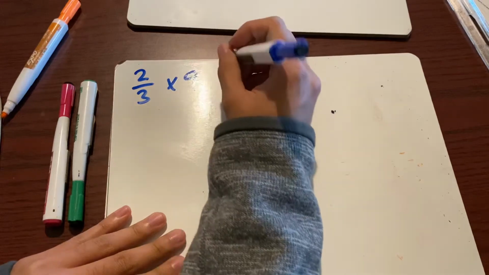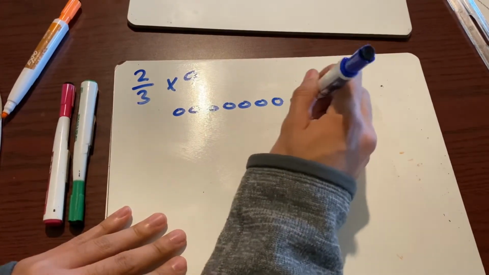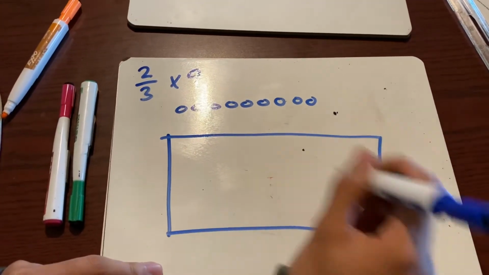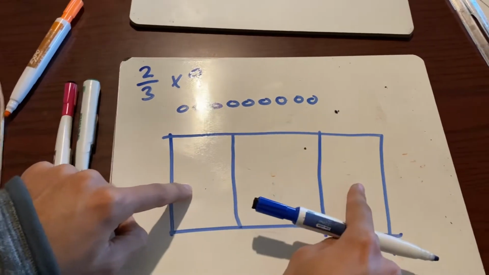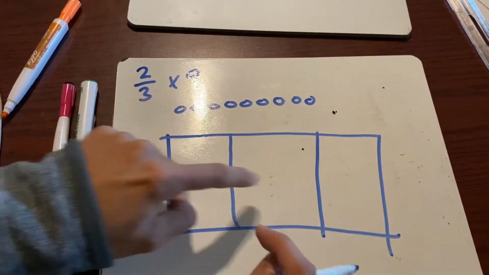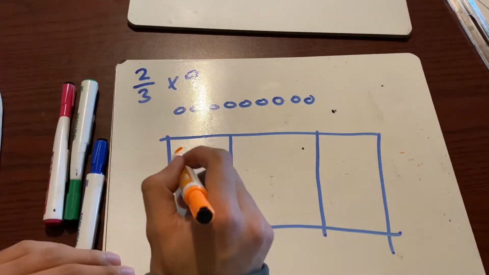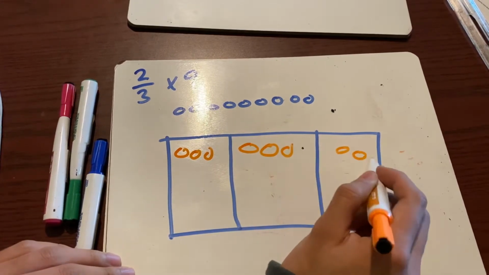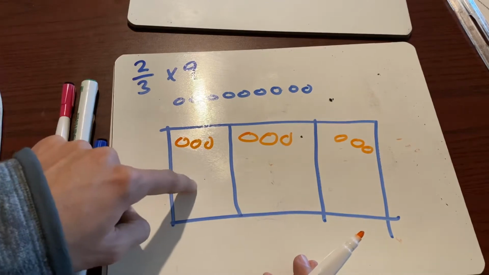Right, this is our question. I have 9 circles, 1, 2, 3, 4, 5, 6, 7, 8, 9. A box with 1, 2, 3 pieces. I have 3 boxes. I have 9 circles. How many can go in each row, in each square? 3, right? 1, 2, 3 here, 1, 2, 3 here, and 1, 2, 3 here. It fits out perfectly. So I could just draw the picture.